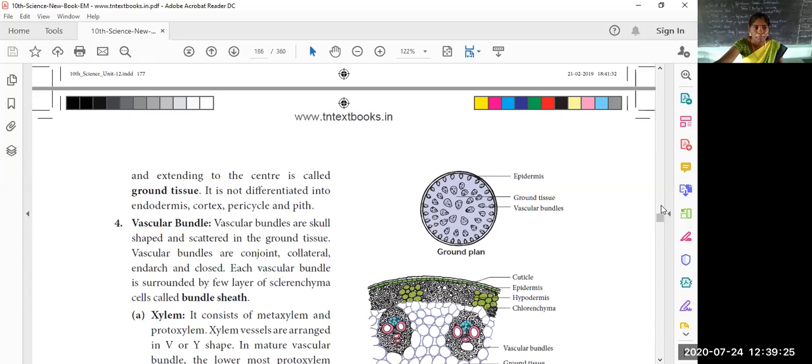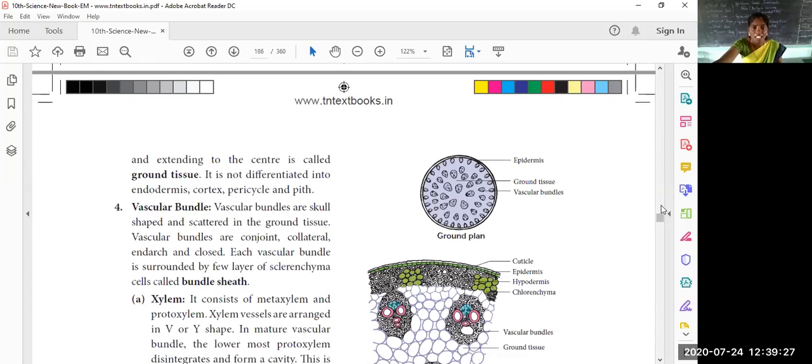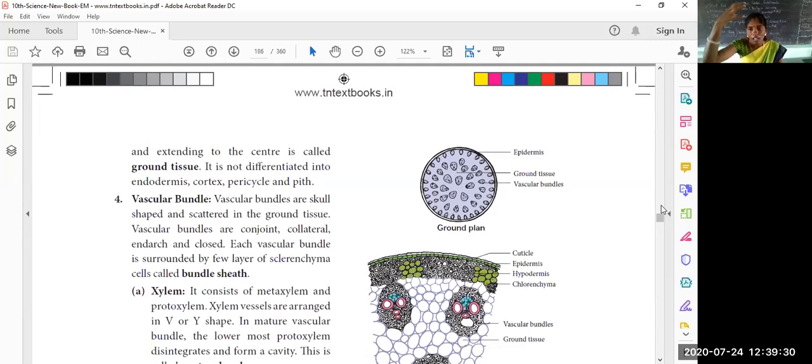Next, vascular bundles. Vascular bundles are skull shaped. Skull means head bone. They are spread over in the ground tissue. Vascular bundles are conjoint and collateral. Conjoint means xylem and phloem are present on the same radius.